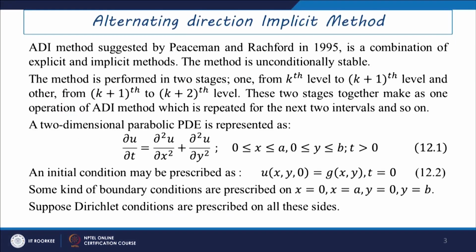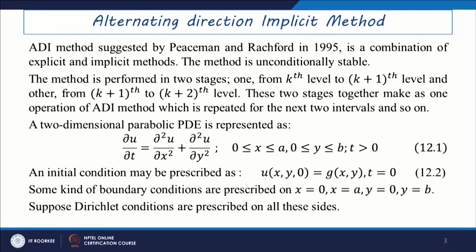Specifically, the parabolic equation is written in the form of del u by del t equals del square u by del x square plus del square u by del y square, where we have prescribed boundary conditions at x equals 0 and x equals a, the last boundary of x, and y equals 0 and y equals b, that is, the first boundary along the y axis and the last boundary along the y axis.